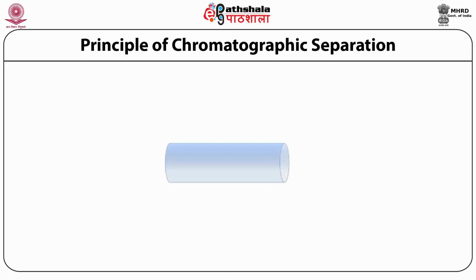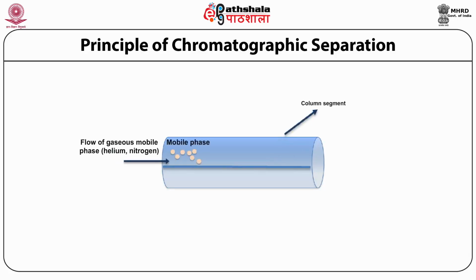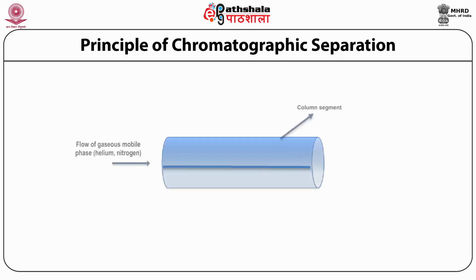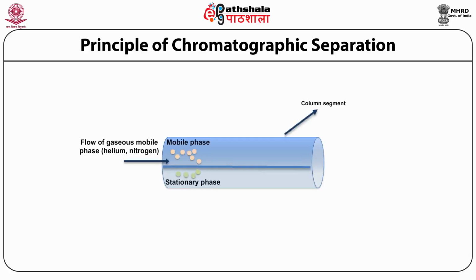Thereby, the samples that are moving faster will elute out earlier, giving you the peaks that you observe on the chromatogram at an earlier time, which is a characteristic of that molecule under that set of conditions.